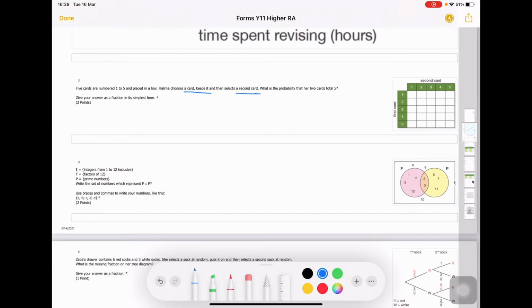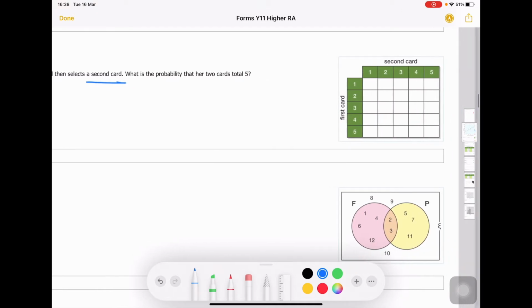So let's fill out this table. If she selects number 1, then she can't select 1 again. It's the same if she selects 2, she can't select 2 again. So I'll just put little dashes in these boxes.